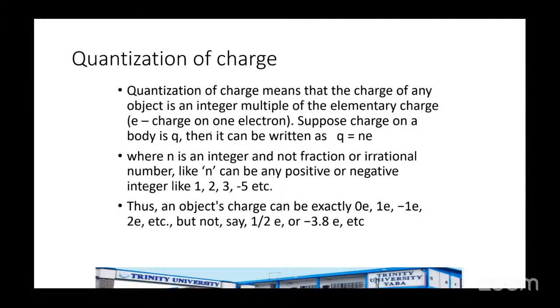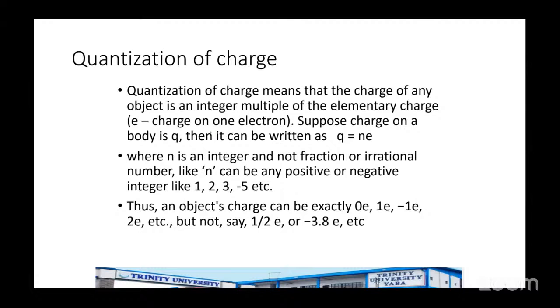So it's given as Q equals N E, where Q is the charge of the body, N is the number of charges contained in that body, and E is the electron charge. Electron charge is a constant value, 1.6 times 10 raised to minus 19 coulomb. So all charges come in multiples of the elementary charge.